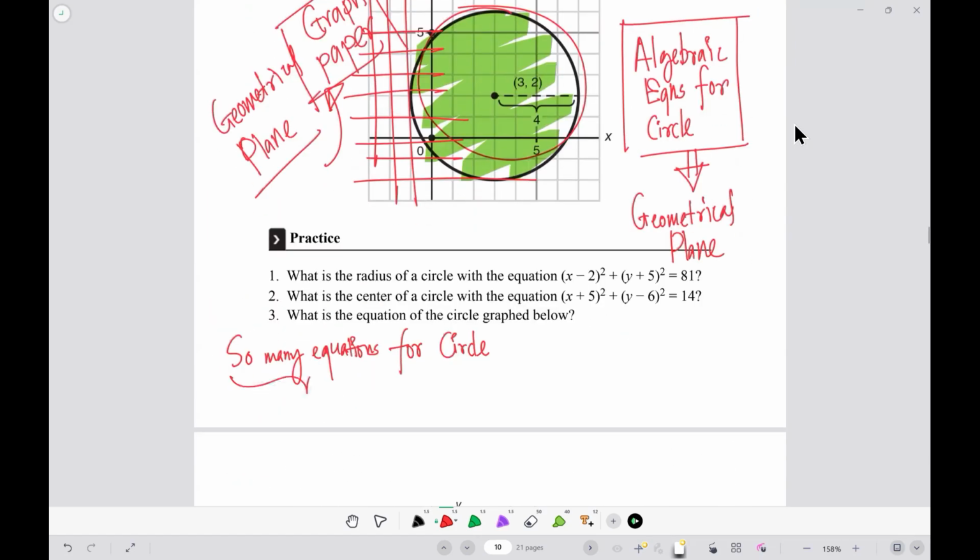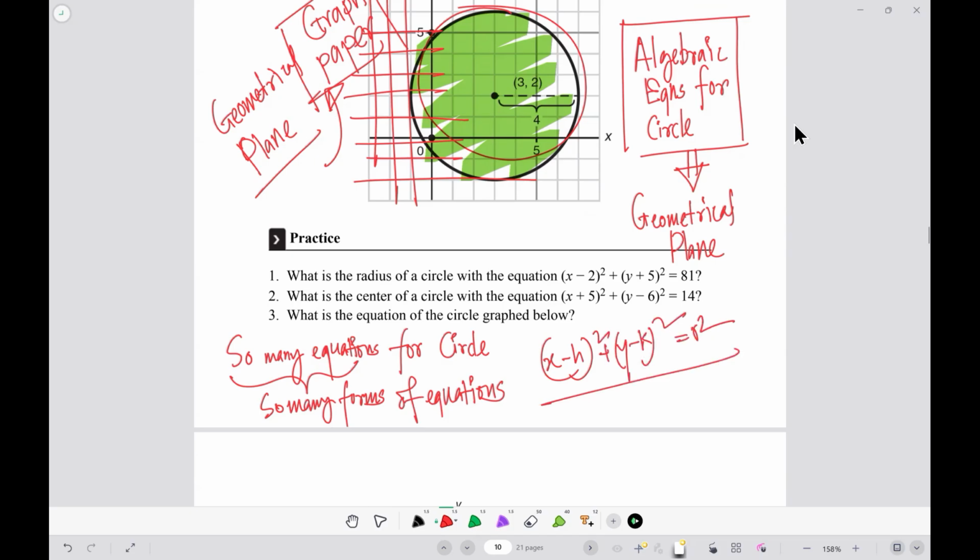I should say so many forms of equations for a circle. And x minus h whole squared plus y minus k whole squared equals r squared is one of the forms of equation of circle. Do you understand?